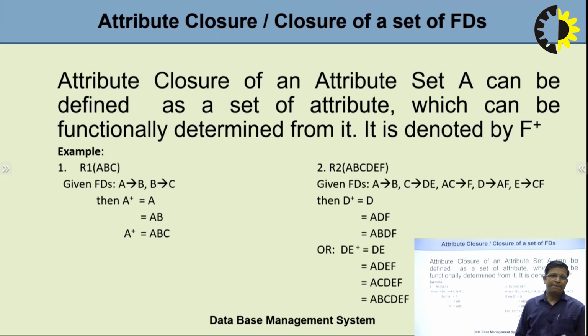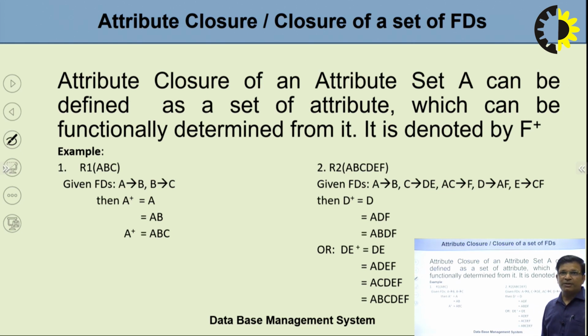Okay. So now attribute closure of a set. This is the next example. This is a new topic, attribute closure. So what do you mean by the closure of an attribute set? The closure is a set of attributes that can be derived on the basis of given functional dependencies.